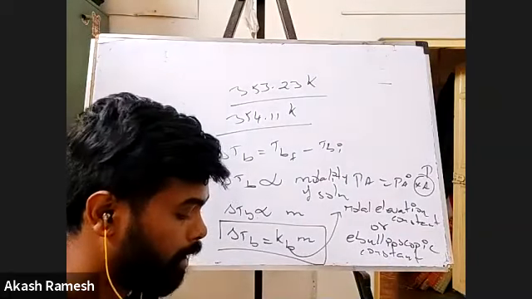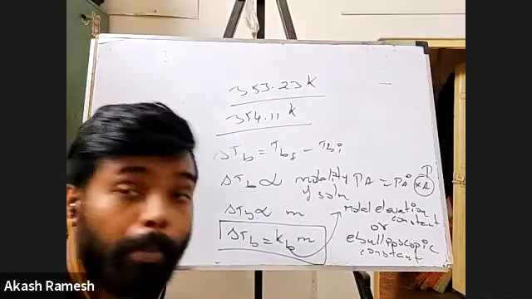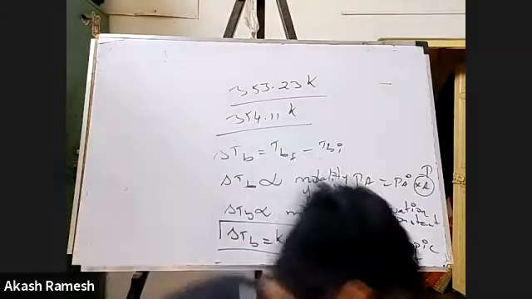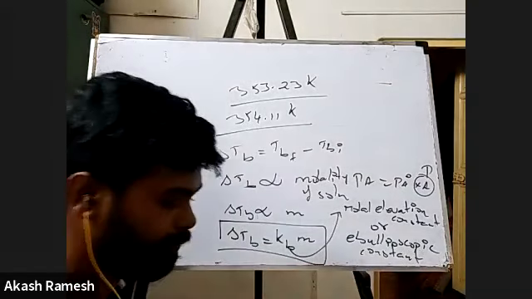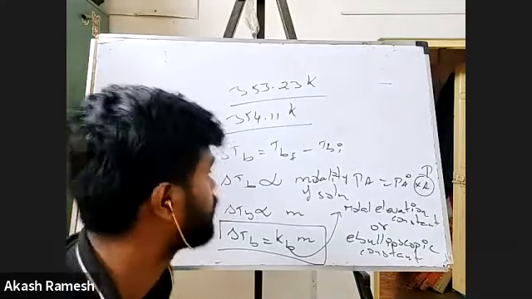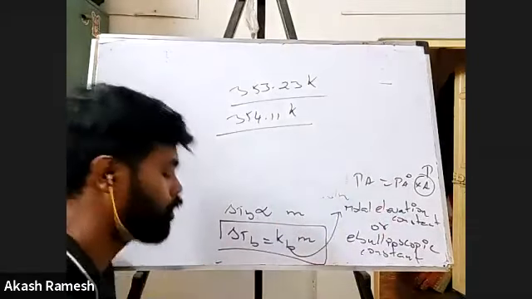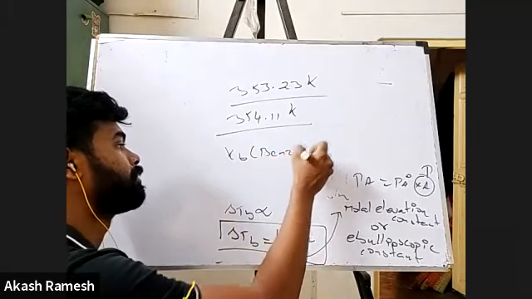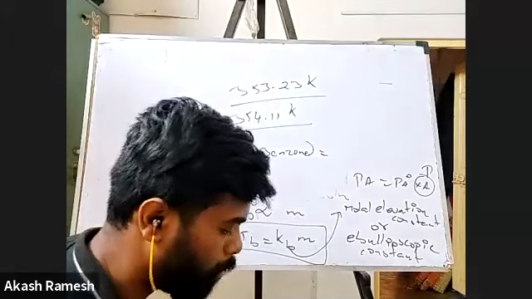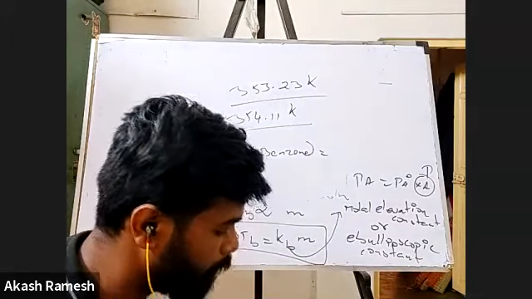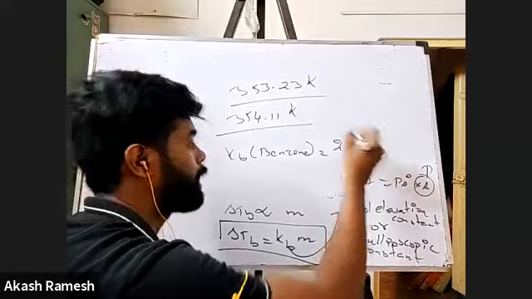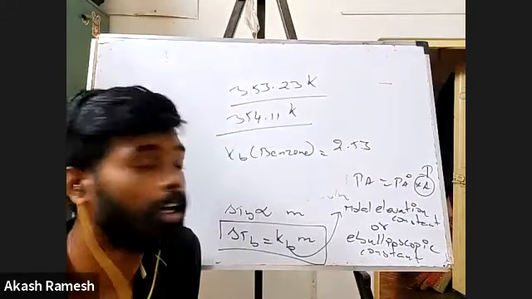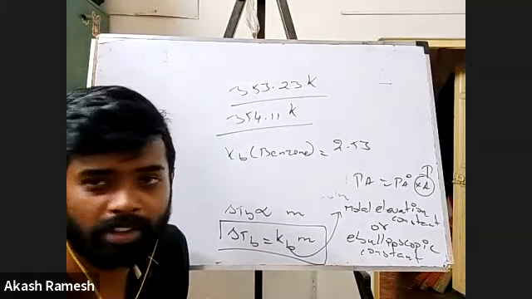Now, they're asking, calculate the molar mass of the solute if the Kb for benzene is 2.53. Okay, first finish this.